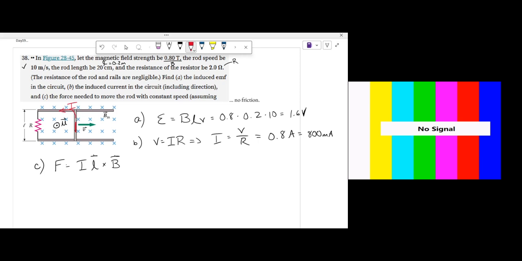I knew that the moment had to be out of the board. My palm had to point out of the board. Along the right-hand side, I have two options if I'm reaching out to the left: the current can be going up on that right-hand side or going down. Well, I want the moment to be out of the screen, so I have to turn my hand like this to get the moment coming out of the screen.